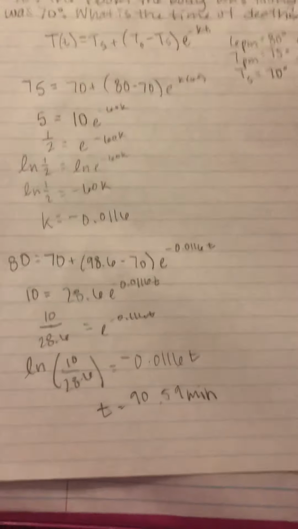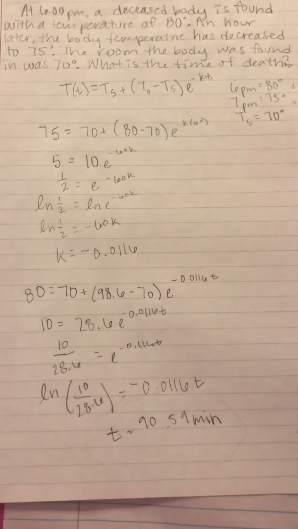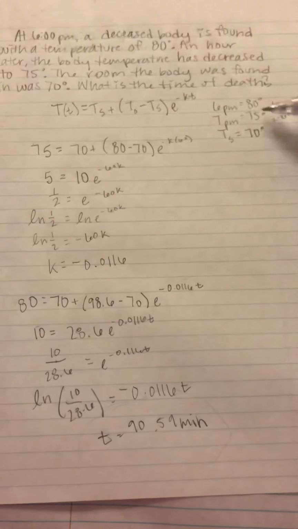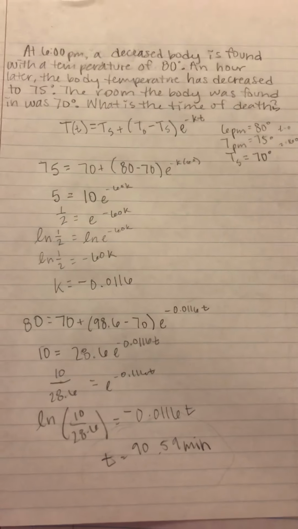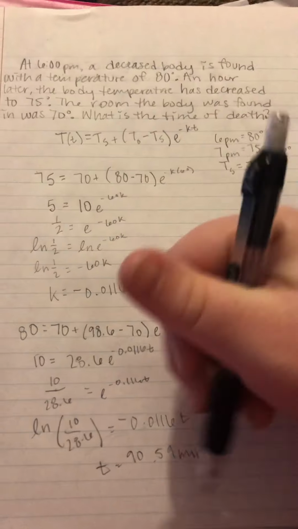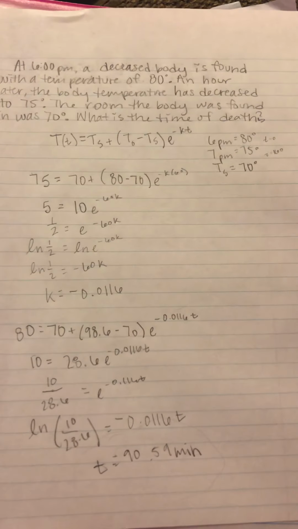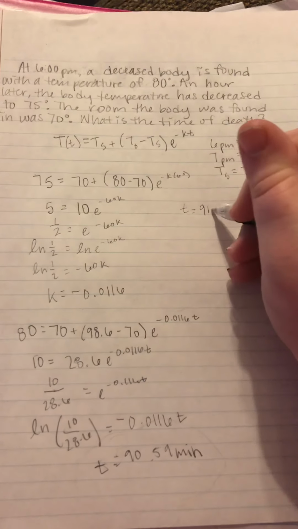So this is the time it took for the body to get from 98.6 degrees to 80 degrees when we found it originally. So to find the time of death, we're going to take the time we found it, 6 o'clock, and subtract this time, which is 90.59 minutes. And to do that, we're just going to make that 91 minutes.